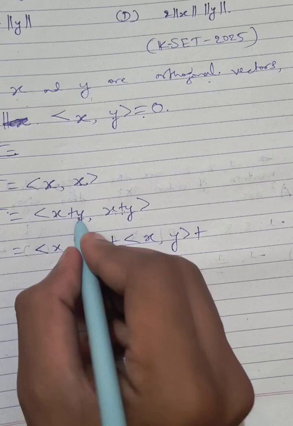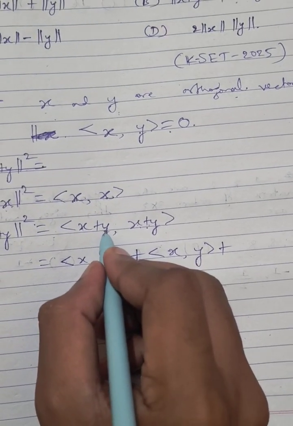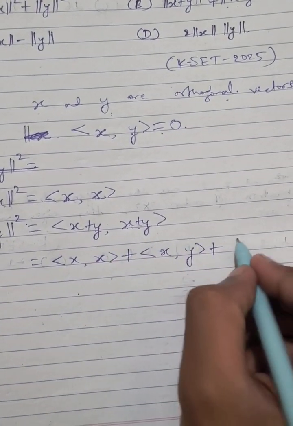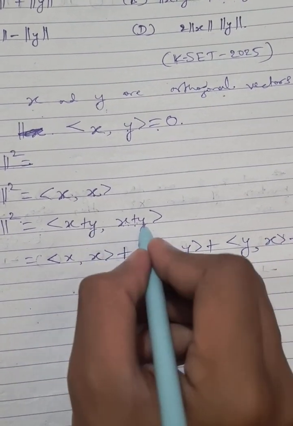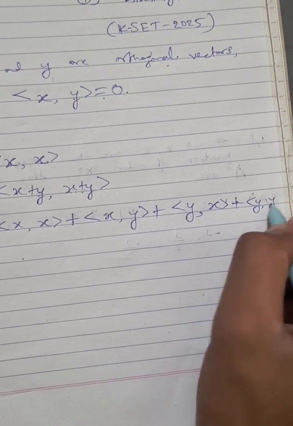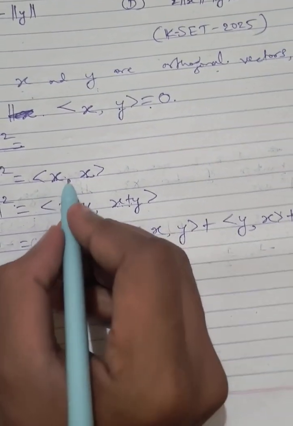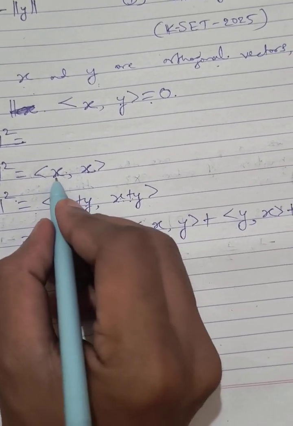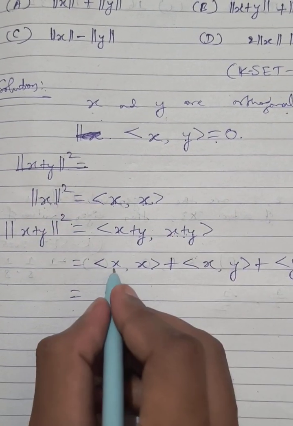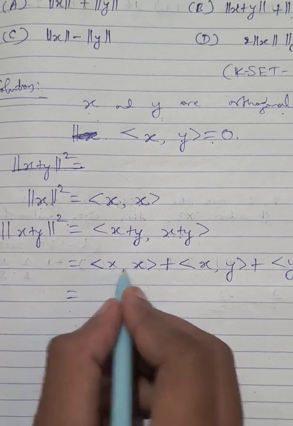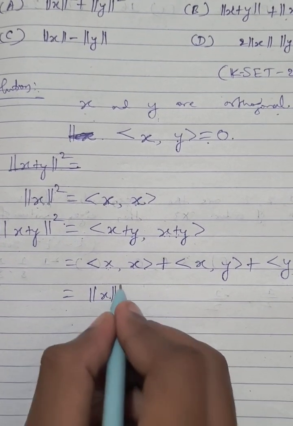Then the second vector is y and the first vector is x, so inner product of y comma x. Lastly, inner product of y with y. Inner product of x with x itself becomes norm of x whole square.